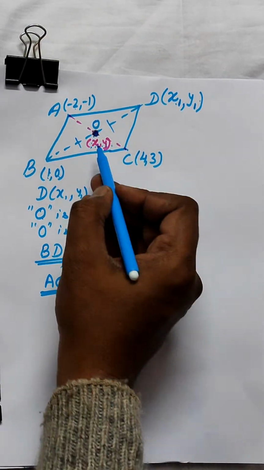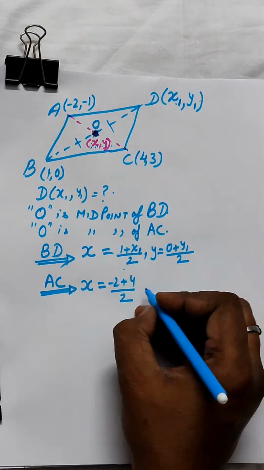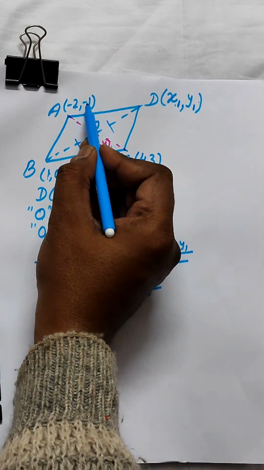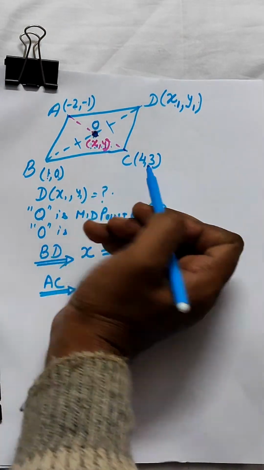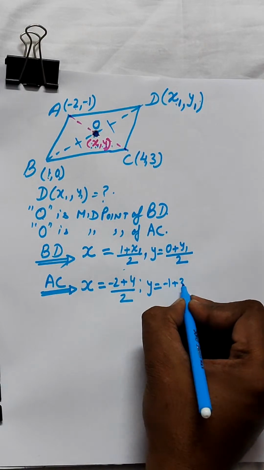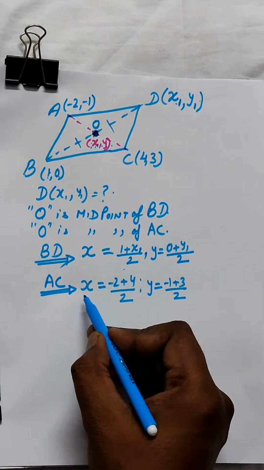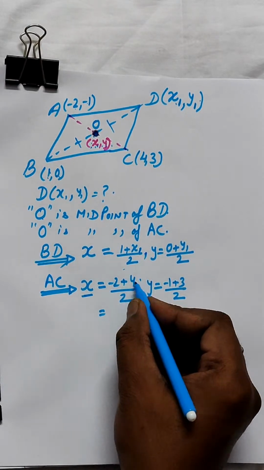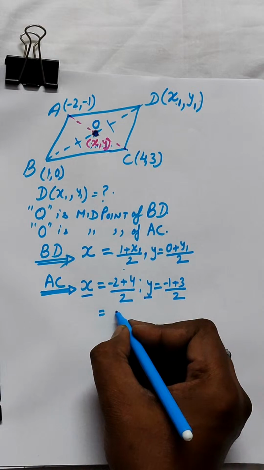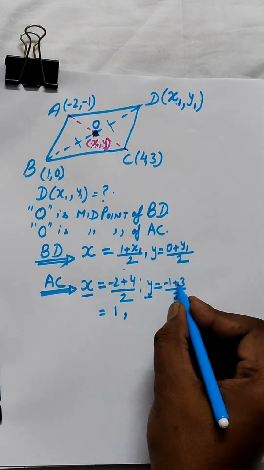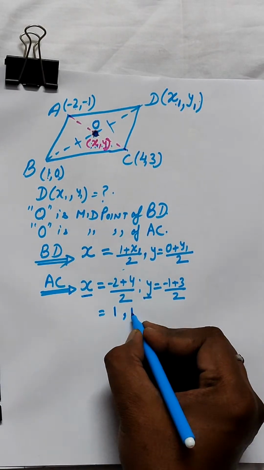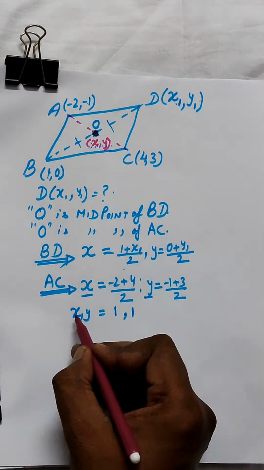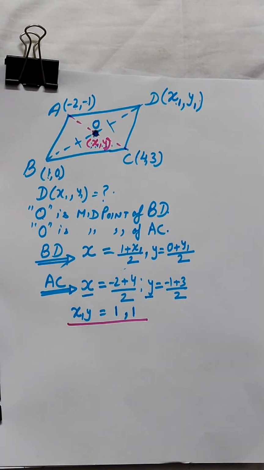Similarly, for the ordinate, add -1 plus 3, divided by 2. So the value of x is 4 minus 2 is 2, 2 by 2 is 1, and y is 3 minus 1 is 2, 2 by 2 is 1. So x and y come as 1 and 1.